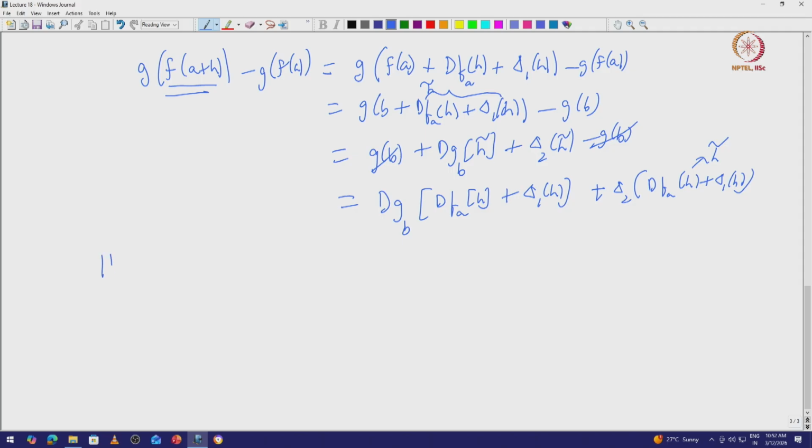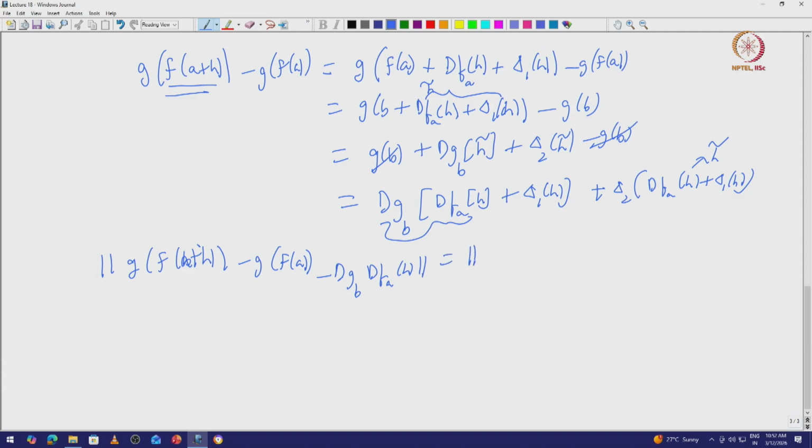Right, so what do we want? We want to take g of f of a plus h, minus g of f of a, minus this part. This is the linear approximation.